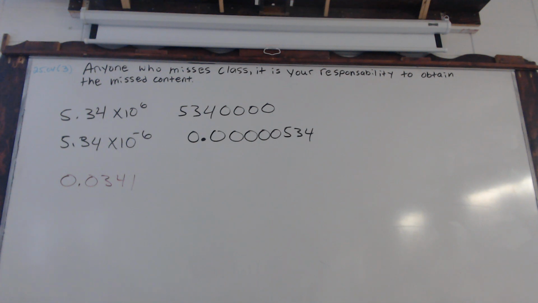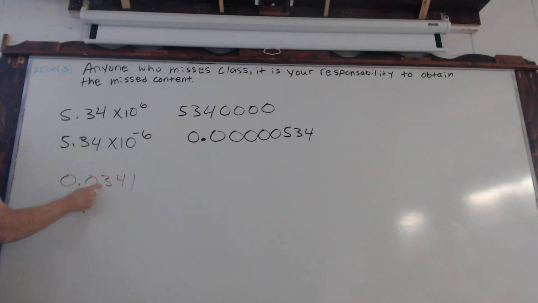When you do these, it has to be a number between 1 and 10. So what that means is we're going to the right 2 spots, okay? Because we're not going to stop here. That's not between 1 and 10. We're not going over to here. That's not between 1 and 10.